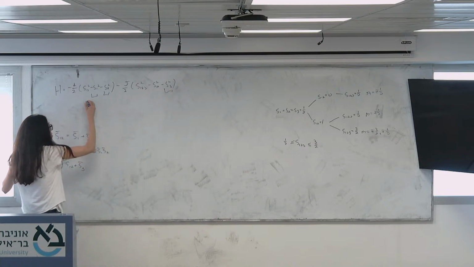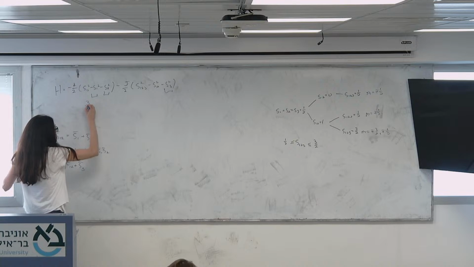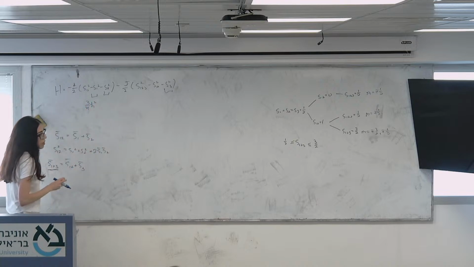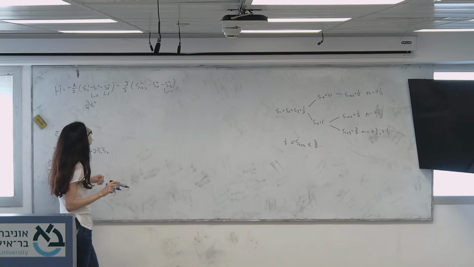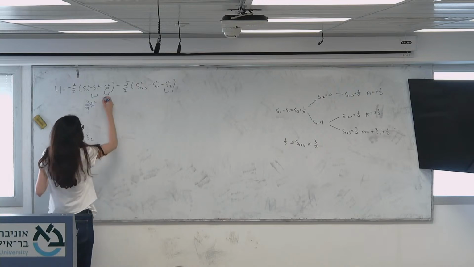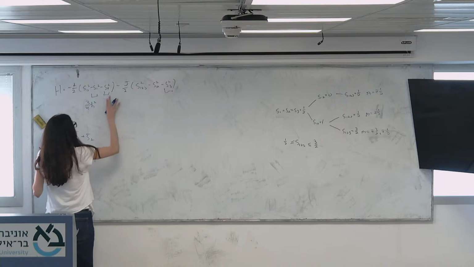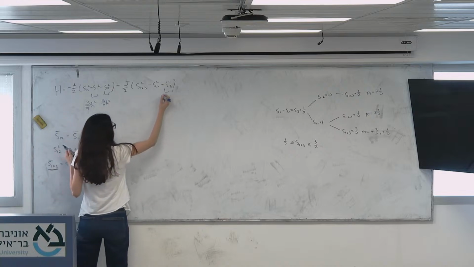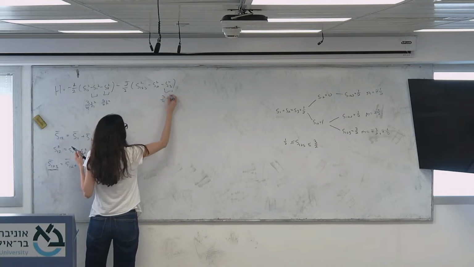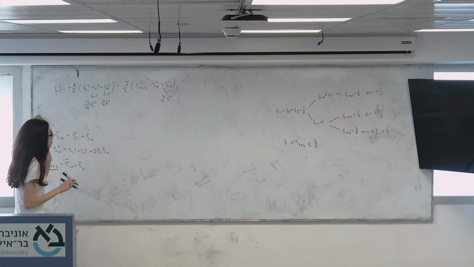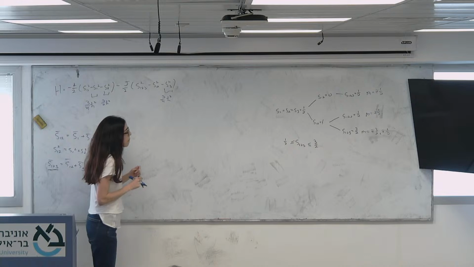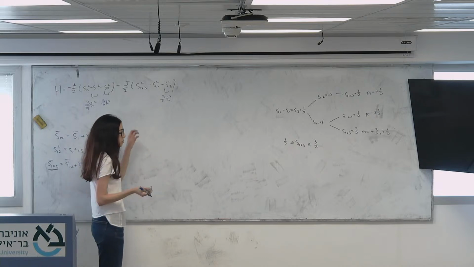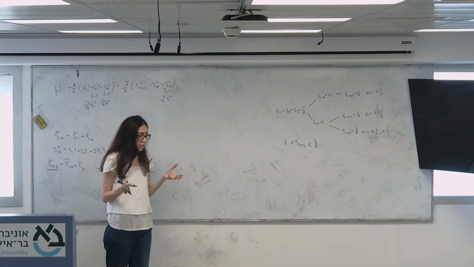It's going to be 3/4 h bar square, right? Half multiplied by 3/2. Now for S12, I need to look at specific cases, because S1, S2, and S3 are all fixed.